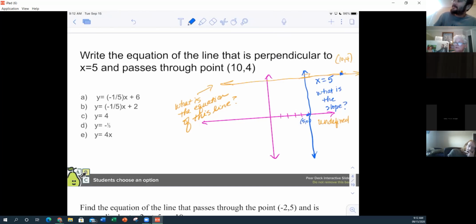And so the equation that would go with that would be y equals 4. Remember, the slope of a vertical line is no slope or undefined slope. And the slope of a horizontal line is 0 slope. Does that make sense? Can I clarify that any further?